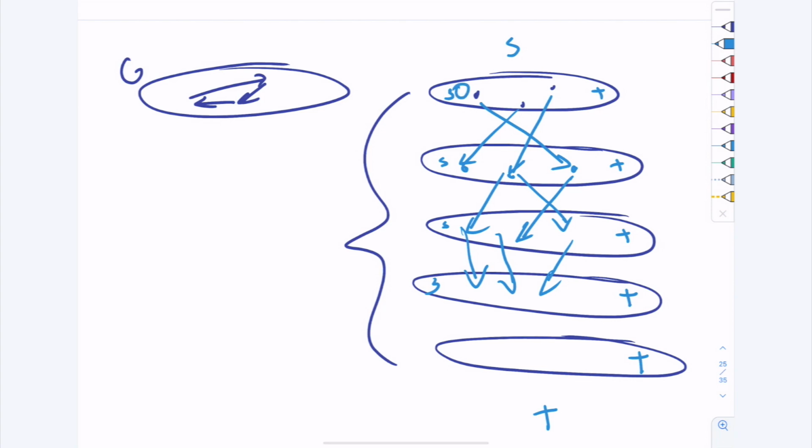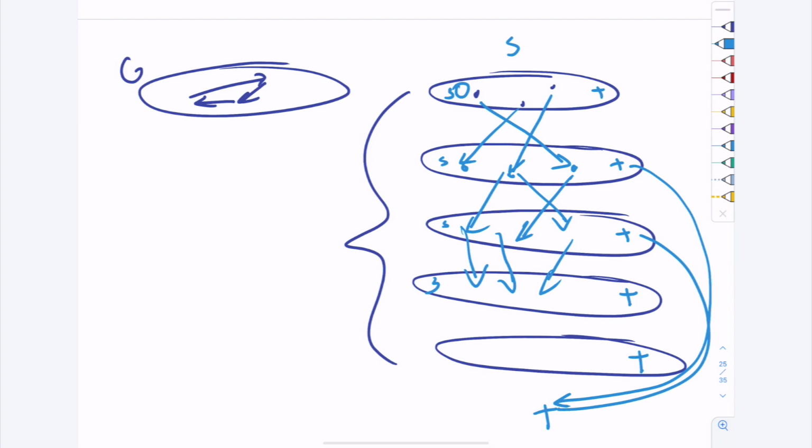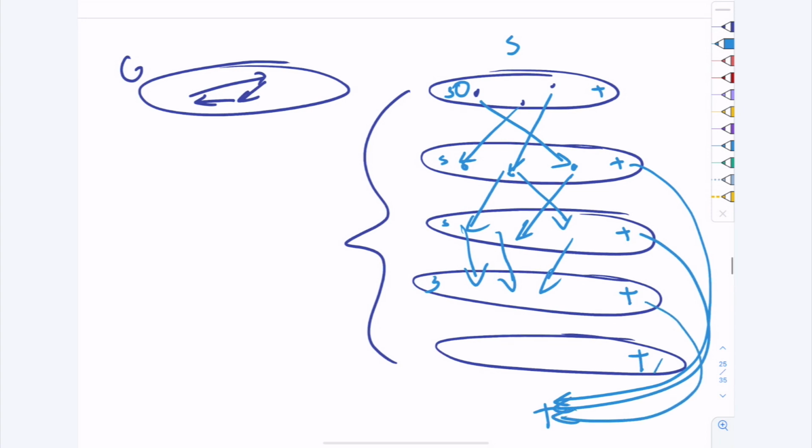So maybe you're going to start from here, and you can exit from any of these layers, right? Because this means you used at most 4 edges. So I'll make a super version of T, where every copy of T goes to my special version of T. At some level, I'm asking, what's the shortest way of getting from here to here in this DAG?